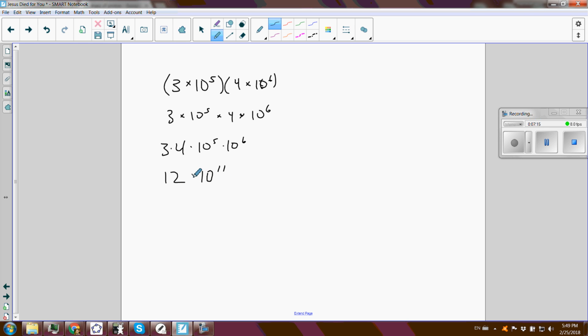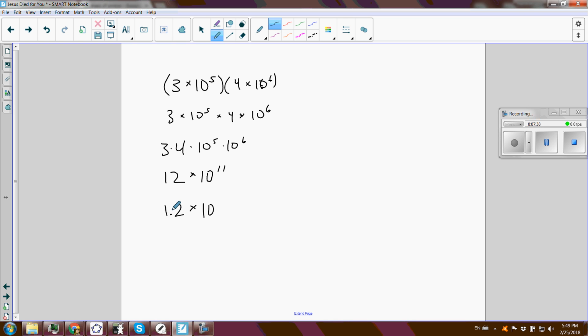Now, you're probably going to be asked to express this answer in scientific notation. 12 times 10 to the 11th is not scientific notation. You can only have one non-zero digit in front of the decimal. So we've got to change it to 1.2 times 10 to the something. I took this 12 and divided by 10 to get 1.2.